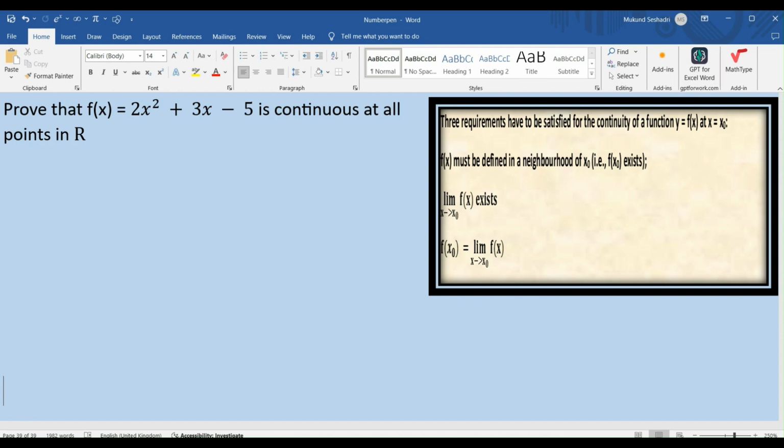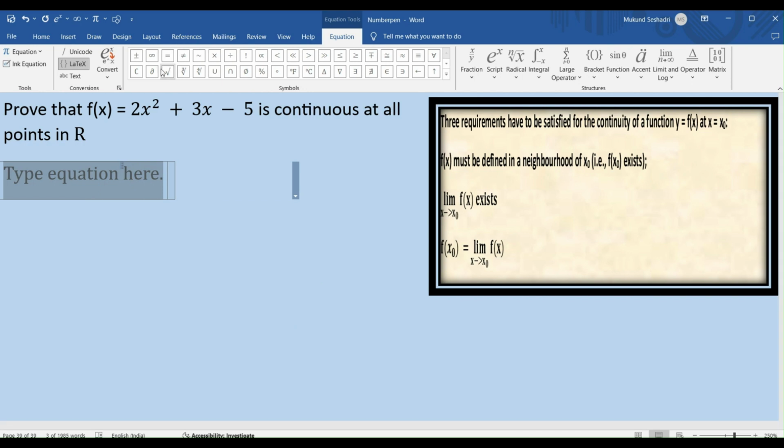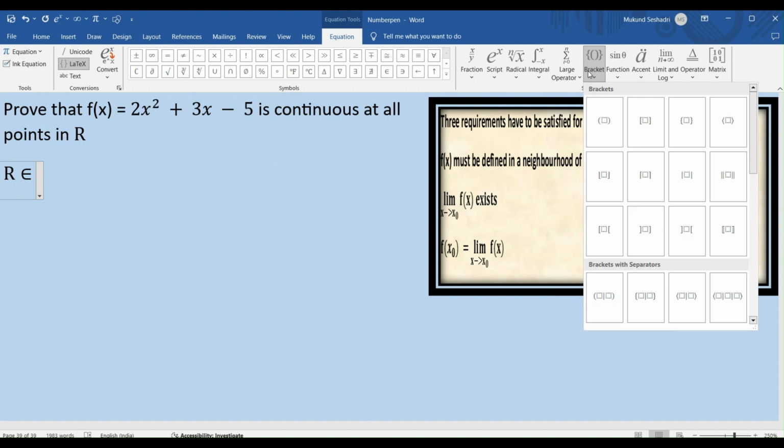And what do we mean by the set of all real numbers? All the numbers in the open interval minus infinity to plus infinity, right? Which means it does not include minus infinity and plus infinity, but it includes all the real numbers that belong to the open interval of minus infinity to plus infinity, right? So let's write that down.